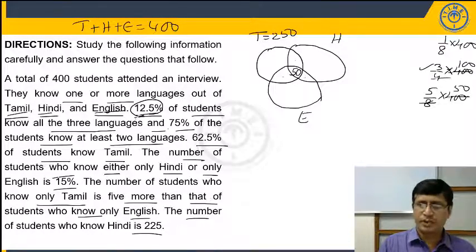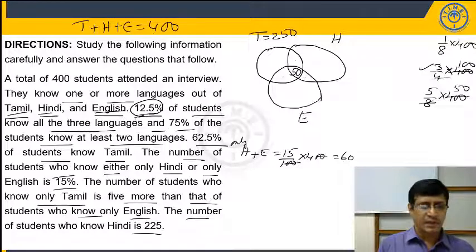This is the one data we need to fill later. The number of students who know either only Hindi or only English is 15%. Only Hindi or only English, 15% of 400, so it is 60.